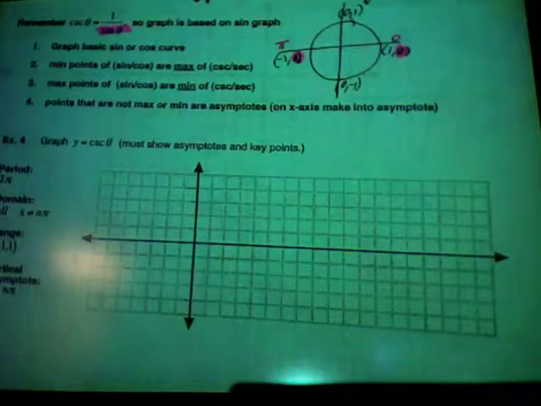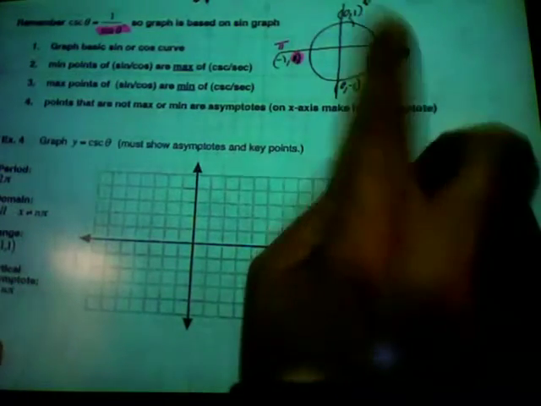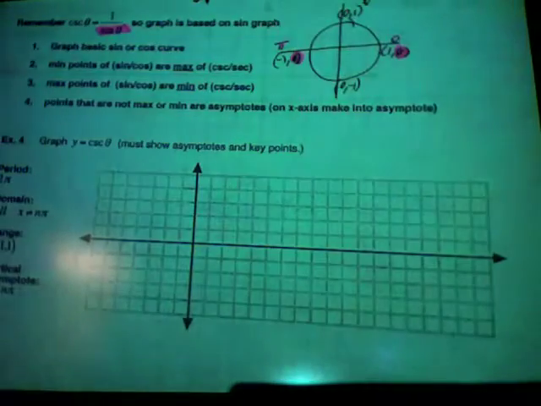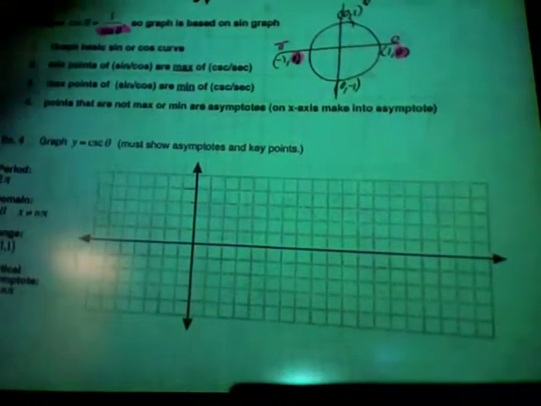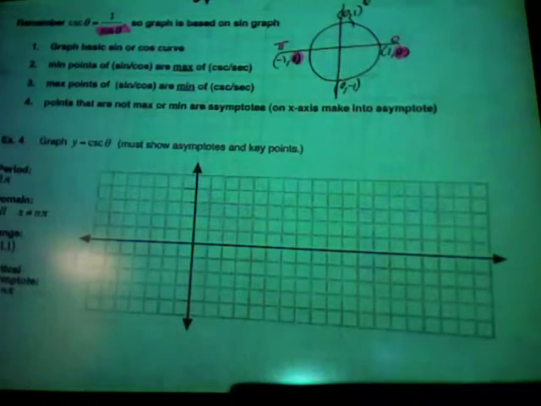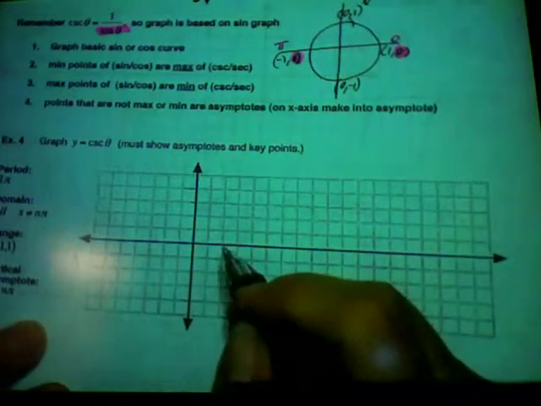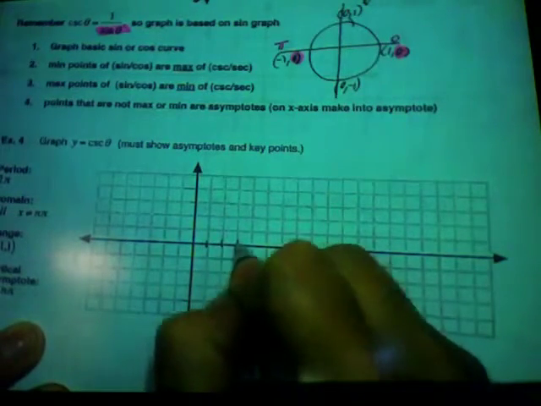However, you're going to think that that means that I only have a period of pi, right? Because the distance from here to here is pi. But I'm going to explain to you why it's 2 pi. So let's go down here, and we're going to go ahead and mark this off to go by fourths again. So this is pi.